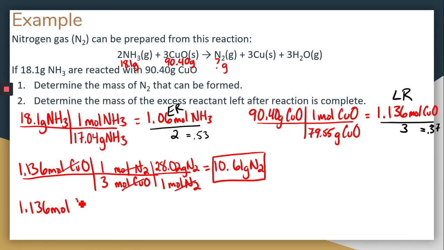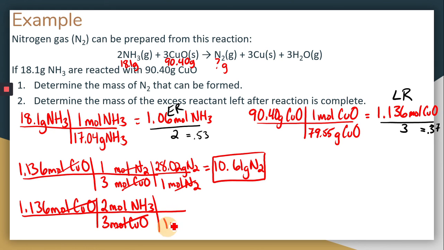So if my limiting reactant runs out, how much NH3 would I use? So we're going to set up that ratio. So coefficient, 3 moles of CuO, coefficient, 2 moles of NH3. But we want it to be in grams, so then we're going to convert that to grams. So 1 mole is 17.04 grams.